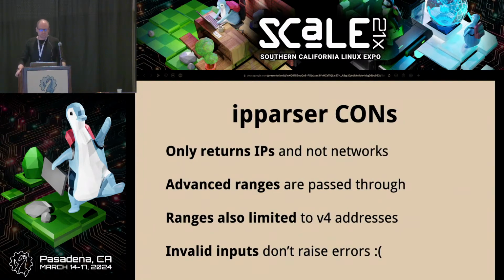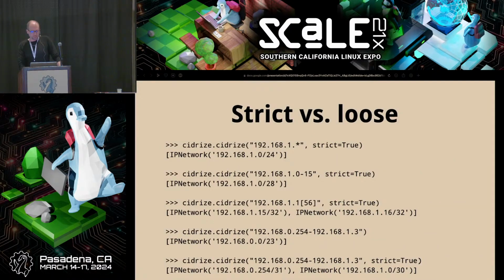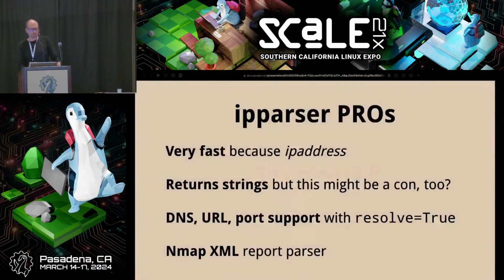As I had said, the con is it only returns IP addresses. This is kind of a strength or a weakness depending on your use case. Advanced ranges, like the one that I demonstrated here on line 3, a range that's spanning two networks, Cyterize can parse that for you.